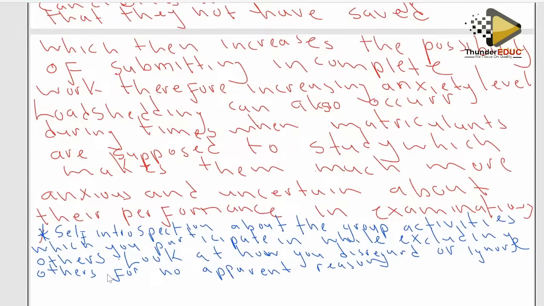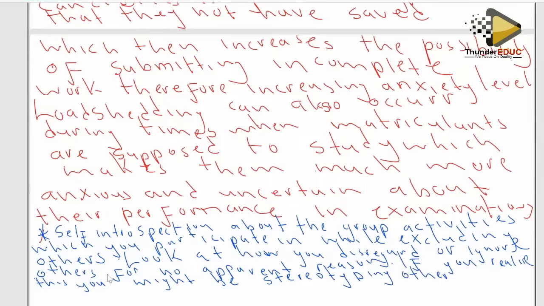Then in addition to that, if you realize this, you might be stereotyping others unintentionally.